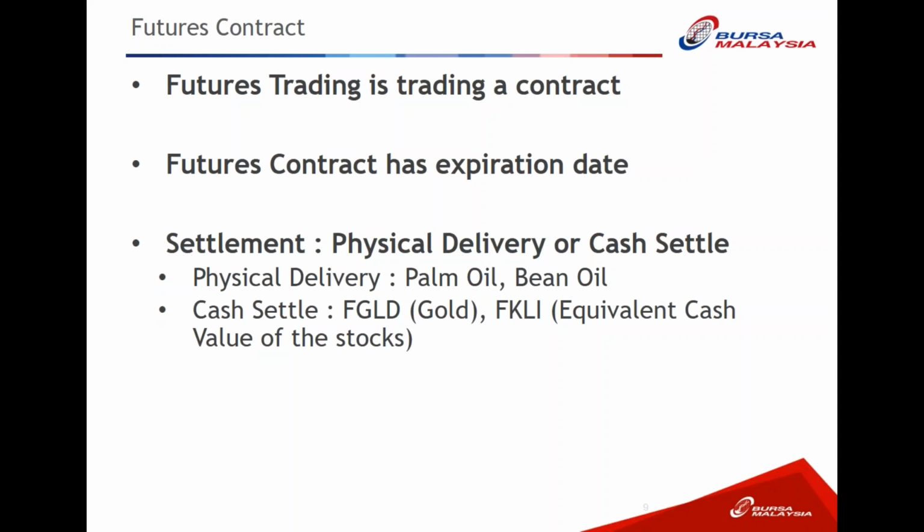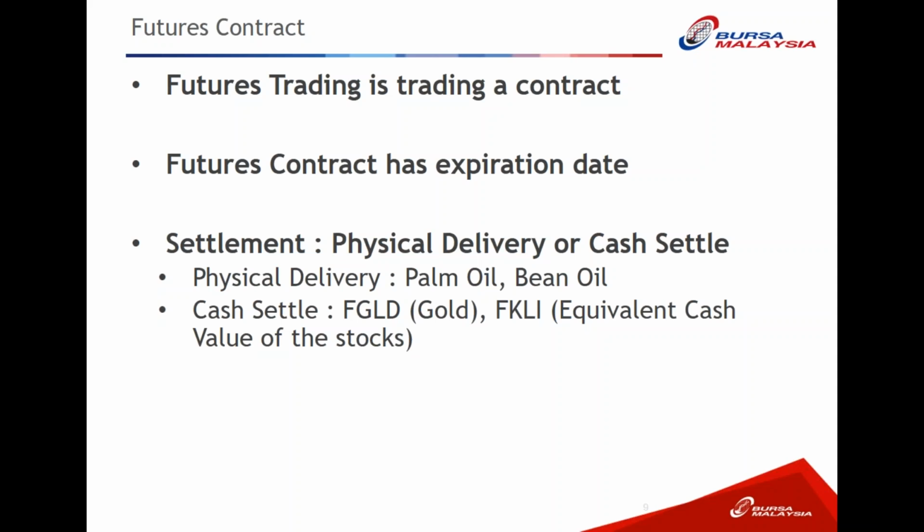But we also have a cash settled gold, which will settle in cash. I will show it in a slide later on. Our gold in Malaysia, FGLD, is settled in cash, compared to gold in COMEX, which is traded in the US market with 100 troy ounce delivery.